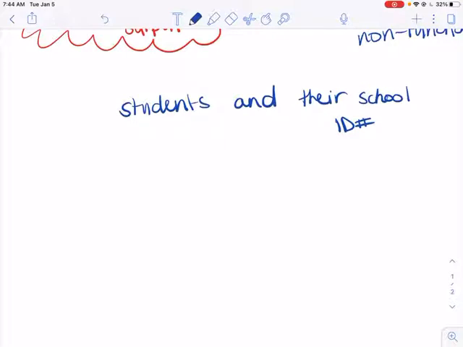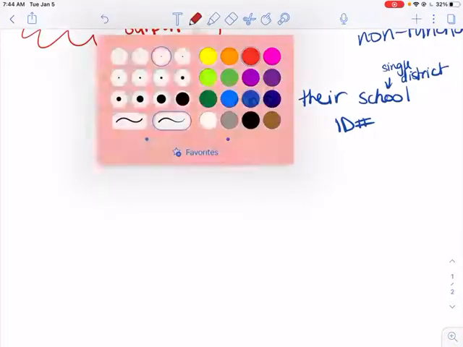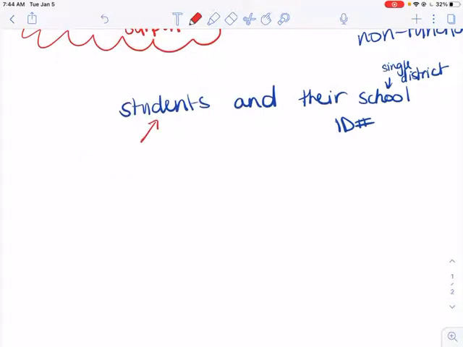Now, I'm going to clarify that school is from a single district. And then if we think about this, in my system, when I look up a student, each person has one ID number. So how you're going to think about this is the first word is the input. The second thing after the and is the output.